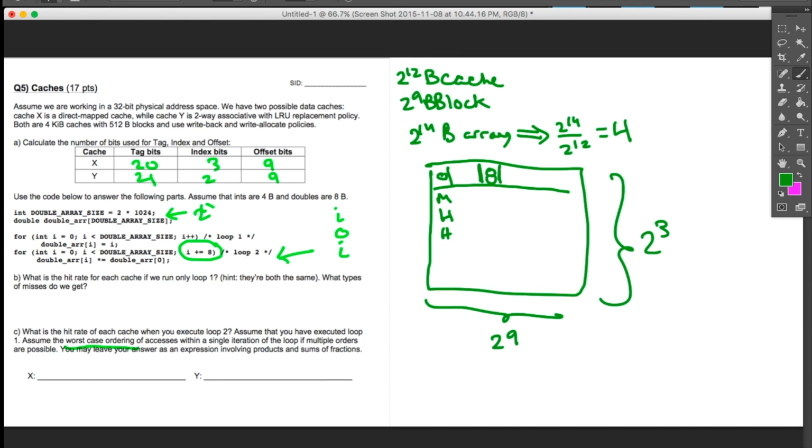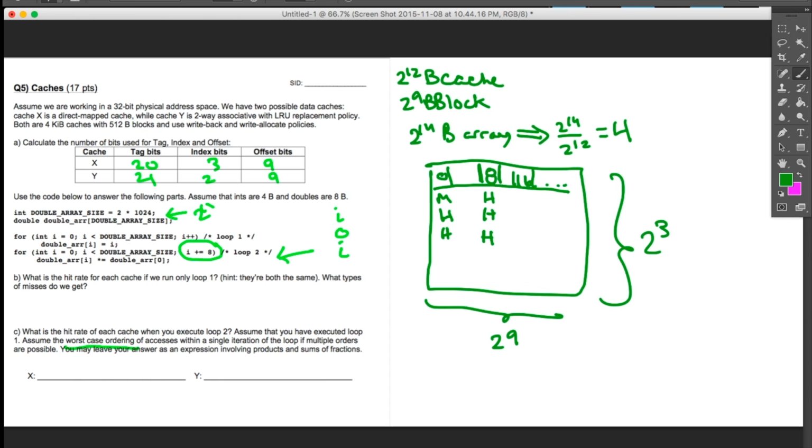So when we access element 8, it's already in the cache, so it's a hit. We try to read 0, hit. Try to write to 8, the product of those two values we just read, and that is a hit as well. If we repeat this for all the other indices, 16 and then 24 and so on, we notice that we have one miss and then a bunch of hits.